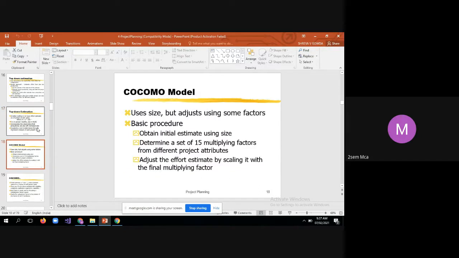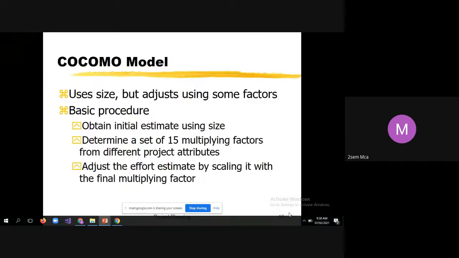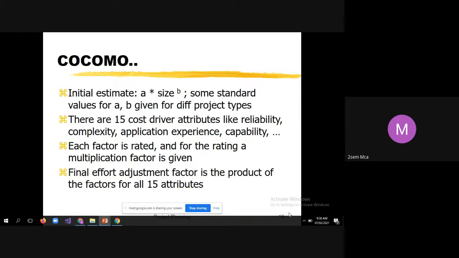And as part of that top-down approach, there is a very popular model called the COCOMO model that we started with in the previous class. It uses size but adjusts using some factors, and those factors we studied.